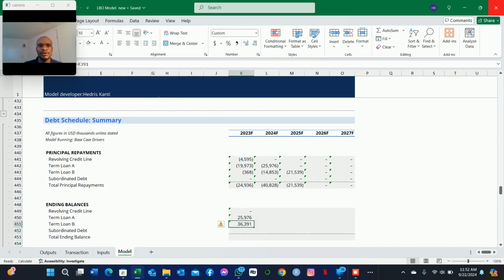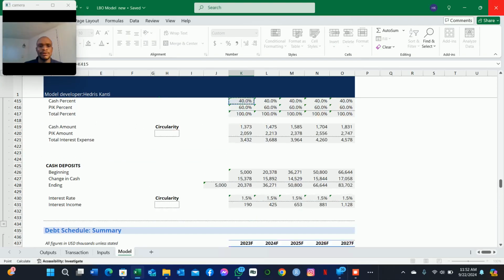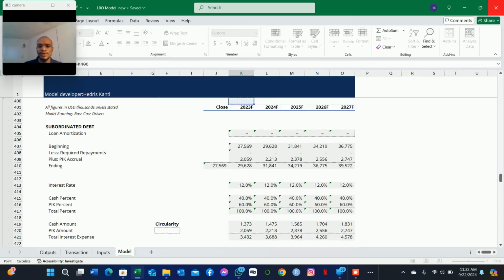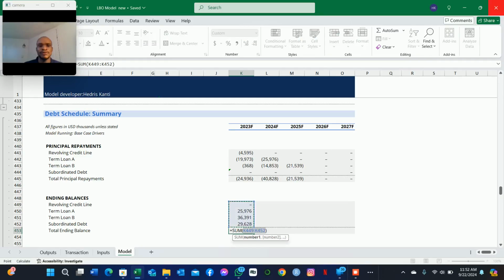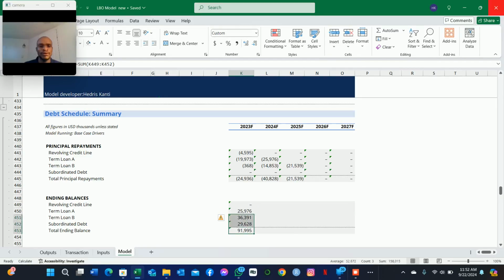So that's the amount available to be carried forward to the next year. The ending balance for the subordinated debt is going to be this amount after taking into consideration the payment in kind accrued amount. So we can now sum all of these together. We can take this and fill it right with Control R.